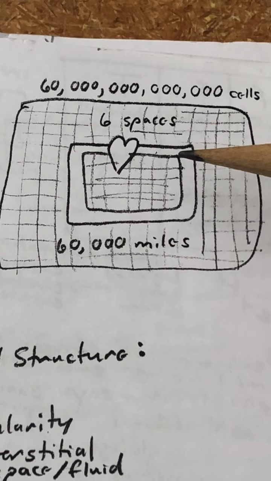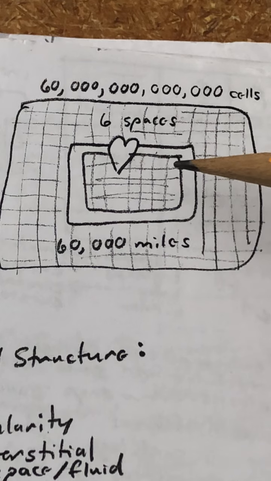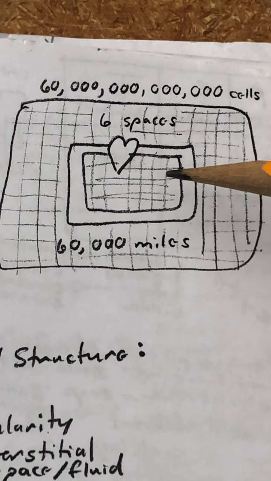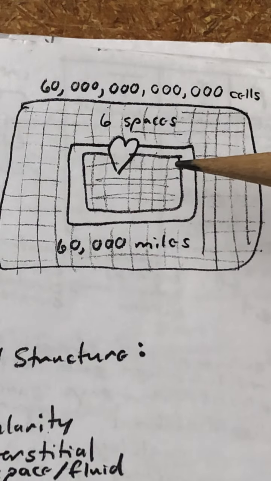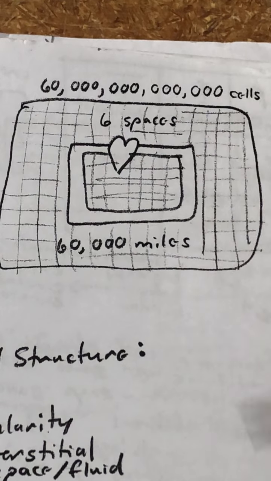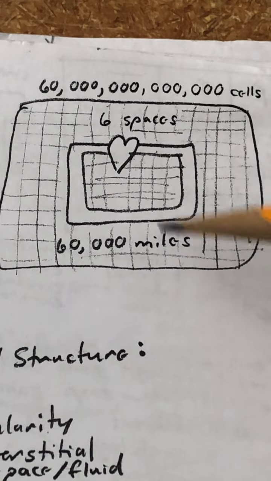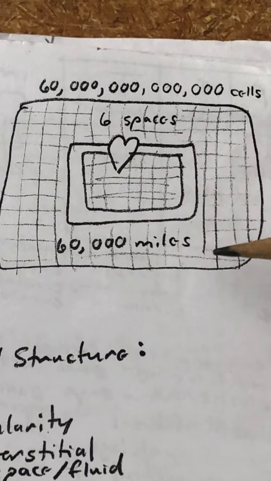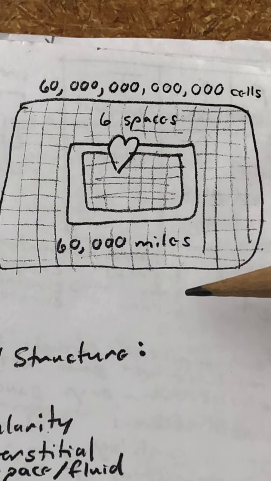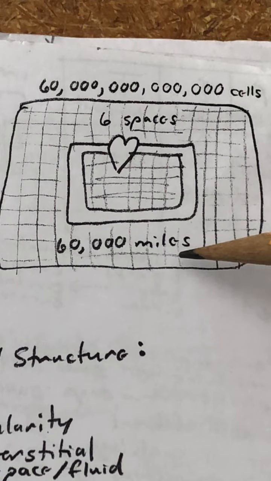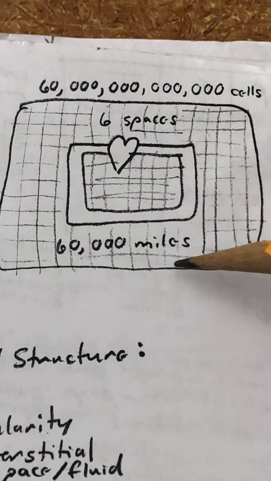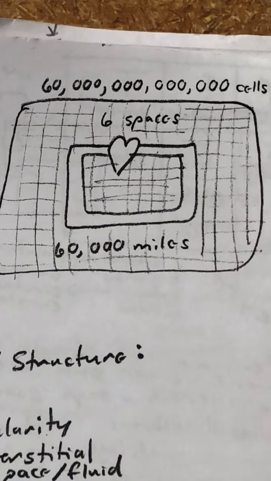How far a material can diffuse away from a blood vessel is significant, and 6 cell spaces is kind of a rule of thumb, that if something is more than 6 cell spaces away from a capillary, it's potentially in a dangerous situation, not being able to get all the materials it needs nor get rid of its waste products. So to make sure that each cell is relatively close to a capillary, it takes approximately 60,000 miles of blood vessels to service all those cells right there.